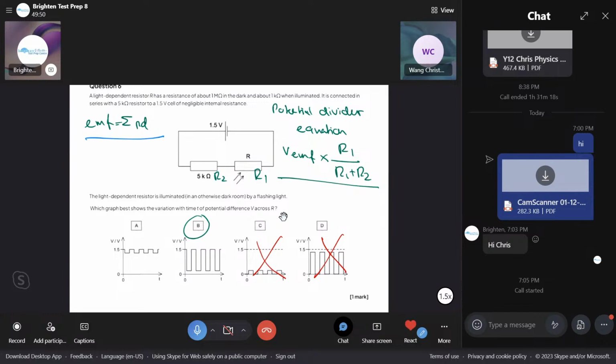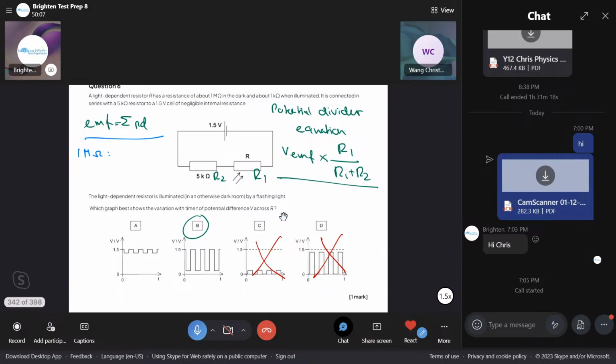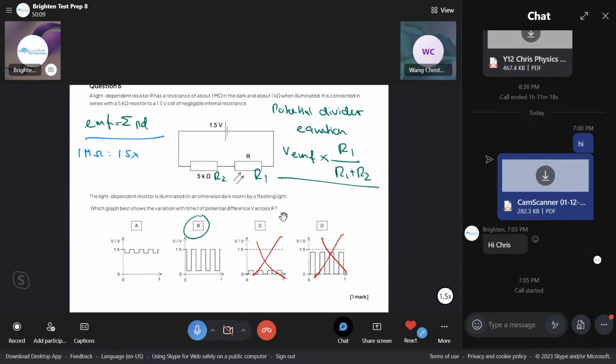At 1 million ohms, we have the situation that the voltage is our EMF, so the potential difference is 1.5 times the ratio 10 to the power of 6 divided by 10 to the power of 6 plus the 5,000.